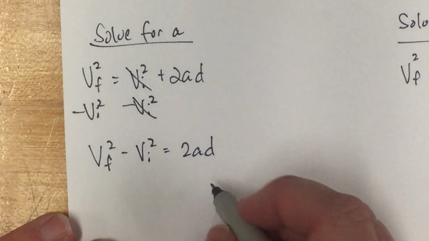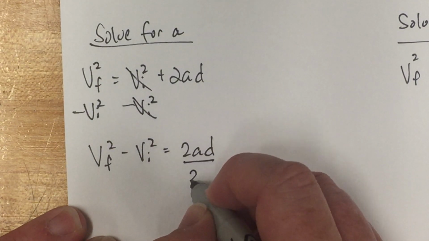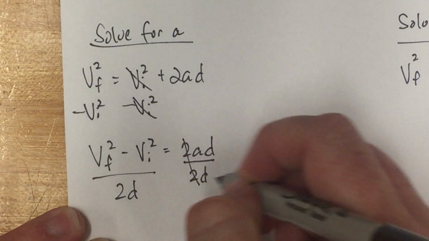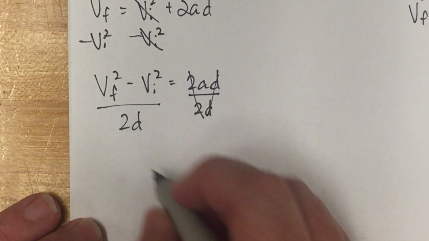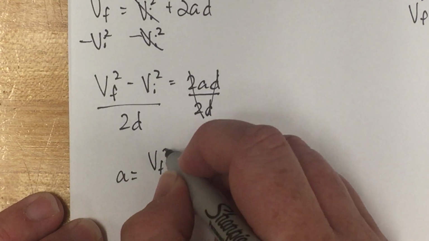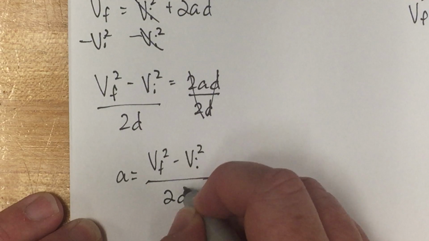Now, if I'm solving for a, I'm going to divide by everything else. So 2d, divide by 2d, cancels that out, and the rearrangement that I get here, I end with a equals everything here. Vf squared minus Vi squared over 2d.